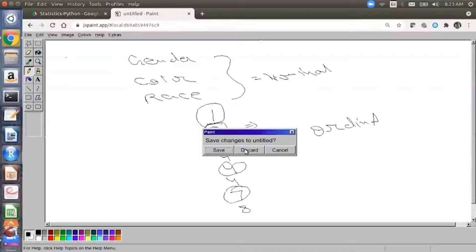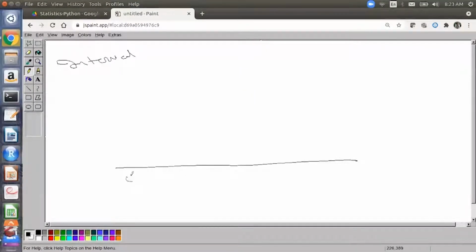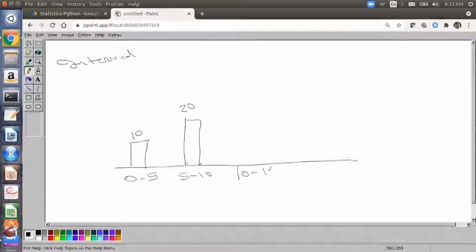Now interval data. Another type of data is interval data. So what is interval data? Sometimes we are doing bucketing. So what is bucketing? Ages 0 to 5, how many people? Suppose 10 people. 5 to 10 age, suppose 20 people. 10 to 15 age, only 8 people. 15 to 20 age, suppose I have these many people.